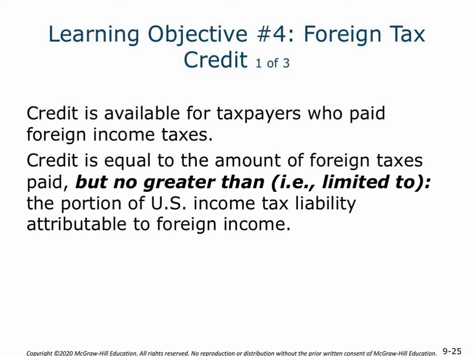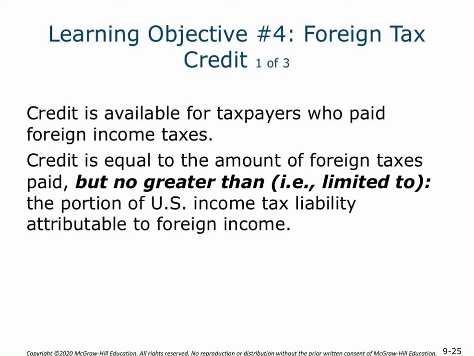Part of where this comes from is the fact that we have a worldwide tax system. So the amount earned abroad isn't excluded from your income. It's something that you report as income, and then a tax amount gets applied to it.